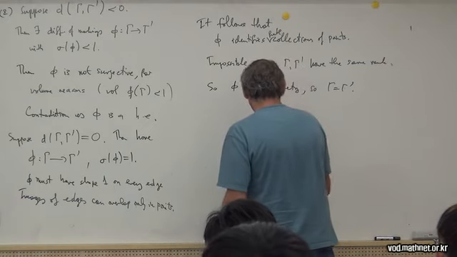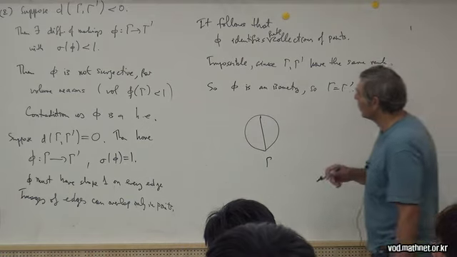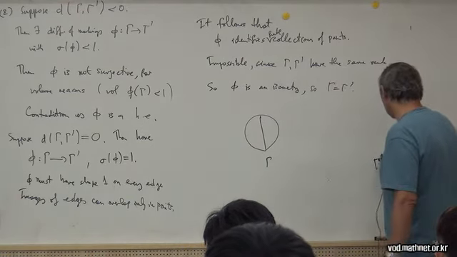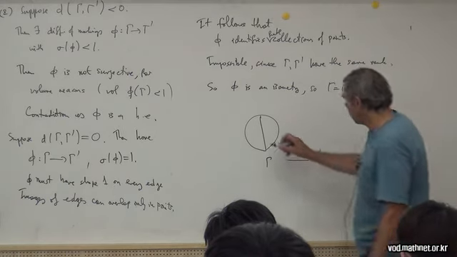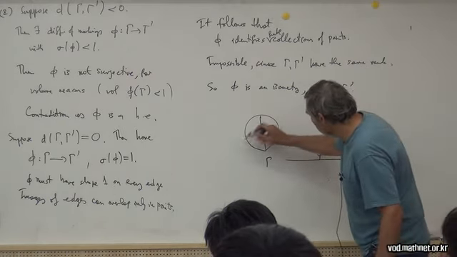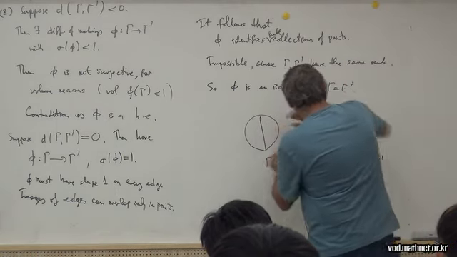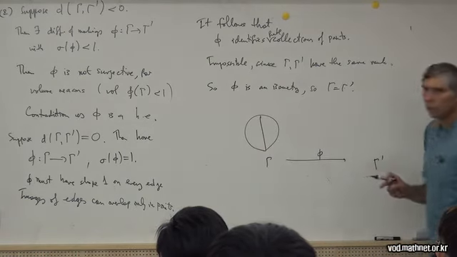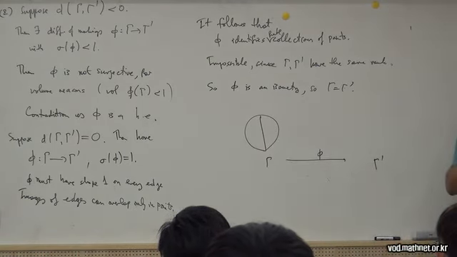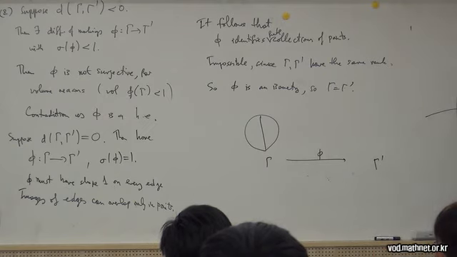So let's say gamma is something like this, and for all I know, I don't know what gamma prime looks like, but I do have this map phi, which has slope 1 on each edge. So it maps every edge isometrically into gamma prime, and moreover, the images of the edges are basically disjoint, except for maybe some. It could be that one edge goes like this and another edge goes like this. They could intersect in points.